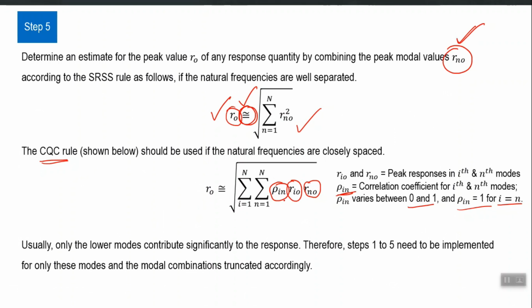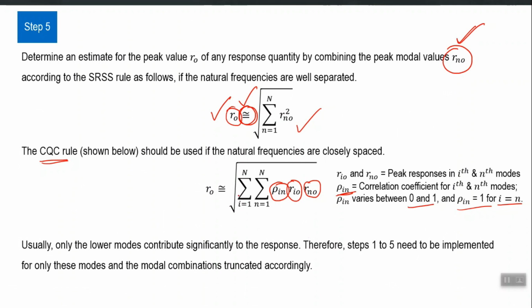Because really, if you look at the real case, if a building is vibrating in a particular vibration mode, it may have contributions from the other modes as well. So, maybe the assumption that each mode can be completely seen independent of the other may not be true in certain cases, and in those cases you may go for the CQC rule.